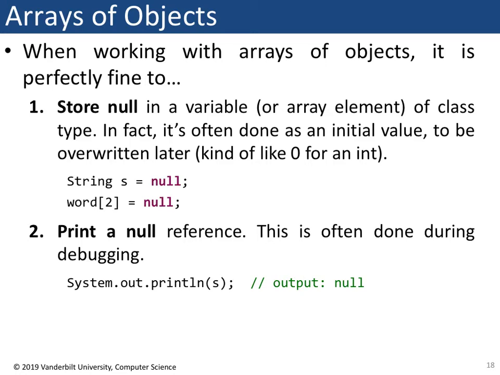And that's fine. We can store it as an initial value. If we had an array of strings, then we can store null in the reference variable in that array. We can print null. So if we have null stored in this reference variable s, we can print s and it will print out null. So that's okay.